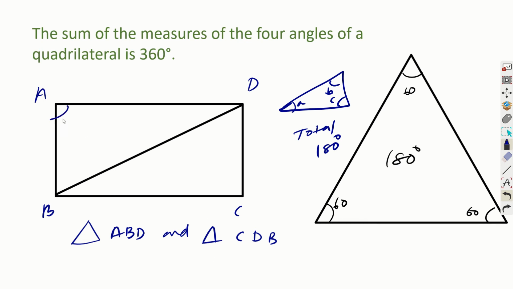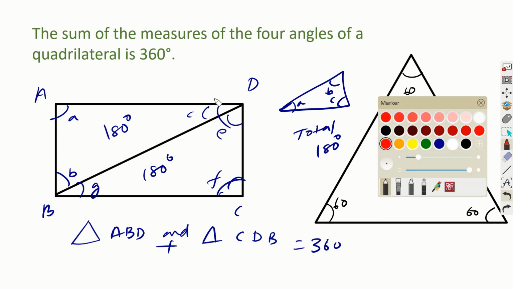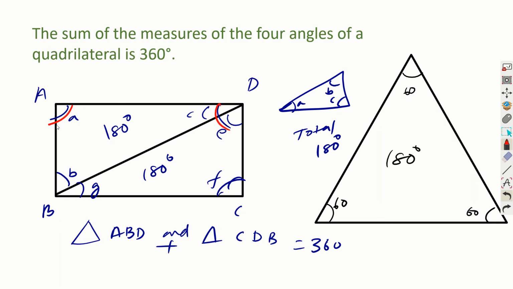If you sum up this A angle, B angle and C angle, the total will be 180 degrees. And if you sum up this angle, E angle, F angle and G angle, that also will be 180 degrees. That means this plus this will be 360 degrees. That means the total of the four angles of any quadrilateral will be 360 degrees.